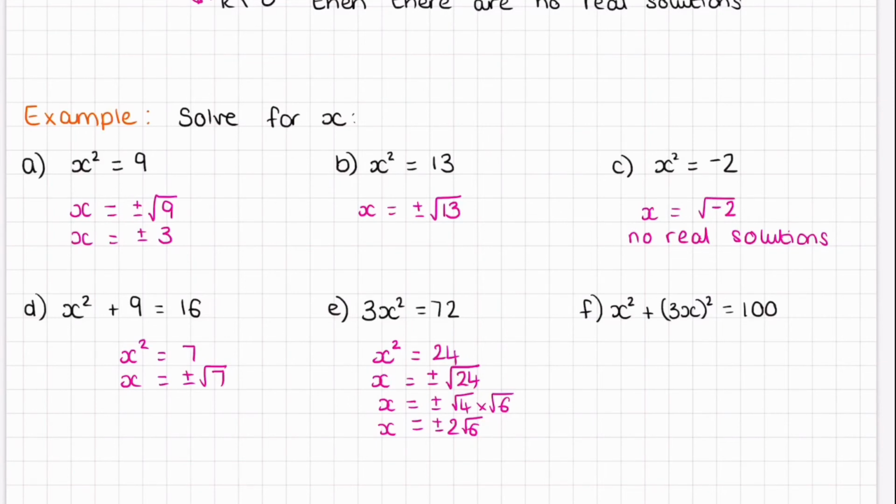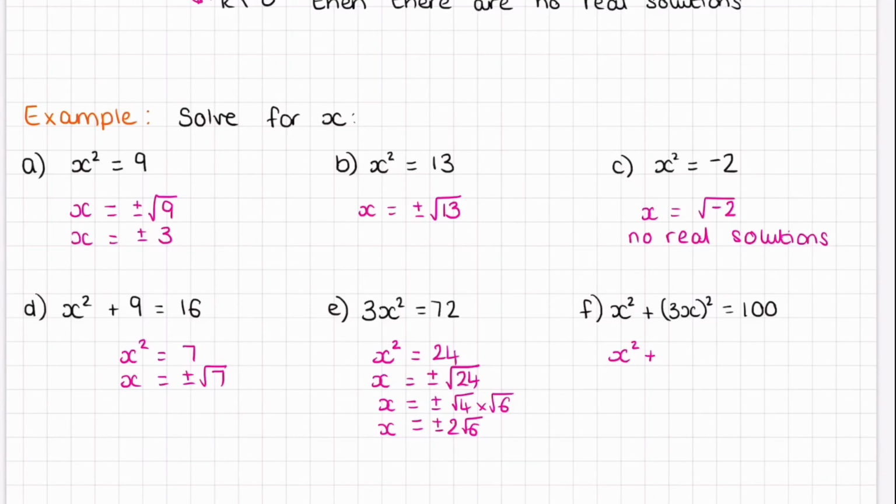And then the last one, we need to do some expanding and simplifying, a lot of different steps first. We've got x squared plus (3x) all squared equals 100. So we can't do square roots yet. That won't work. First of all, we need to simplify as much as possible. x squared is fine, but we want to get rid of these brackets. So (3x) all squared.